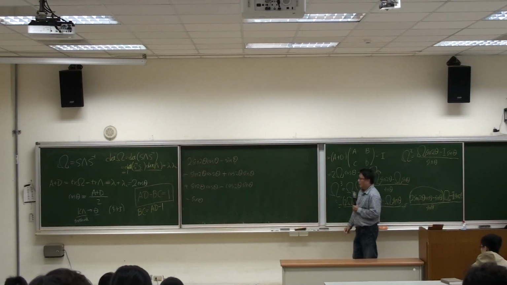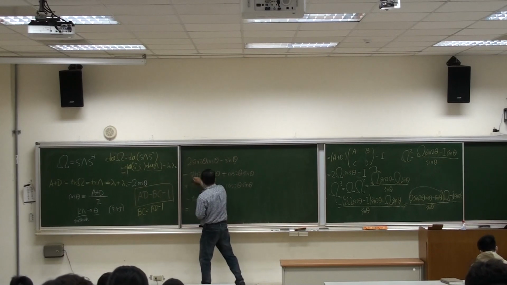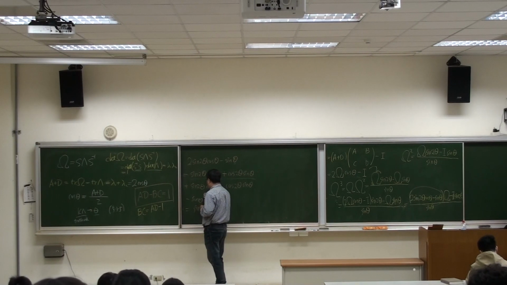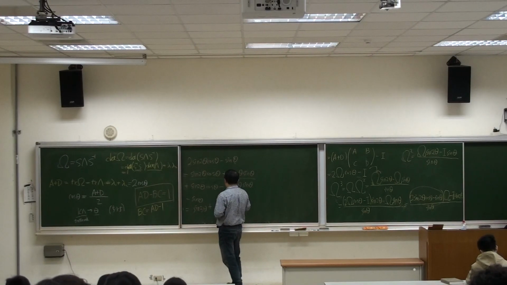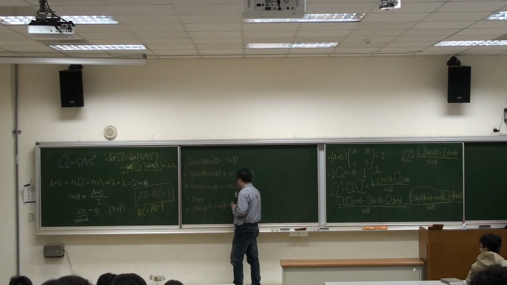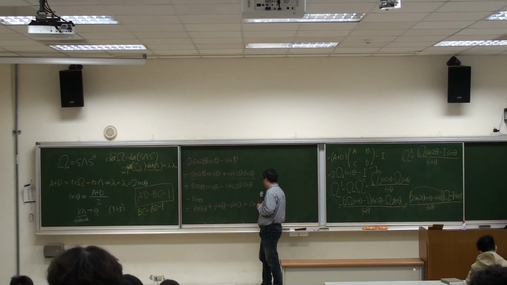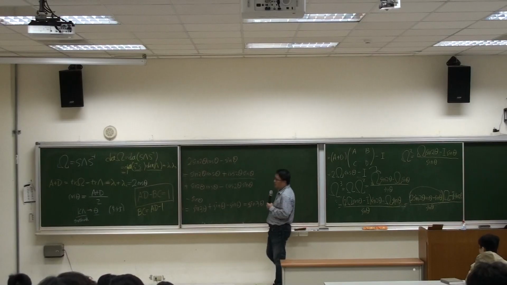Okay, and the result is this gives us sine 3 theta. And this gives us sine theta and minus sine theta. So finally we get sine 3 theta.